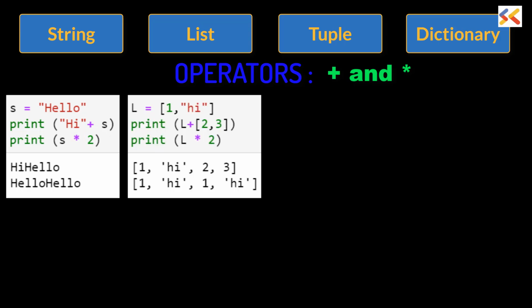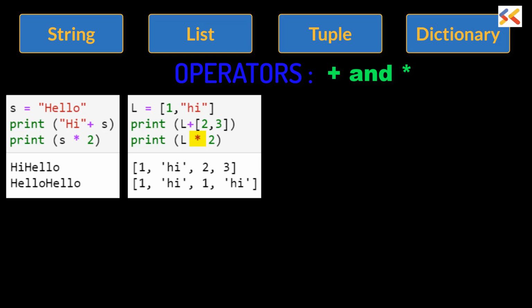Now if we take list, here too plus operator concatenates but only with another list. You cannot concatenate any other data type. It gives error. If we use multiplication operator with an integer value, it works as a replication operator. Here too, you can only use an integer value to multiply.